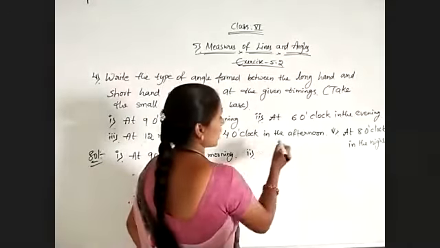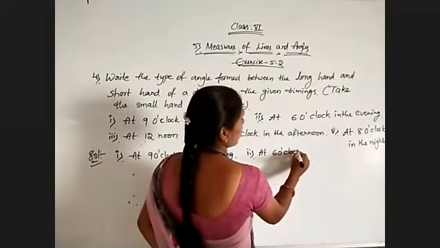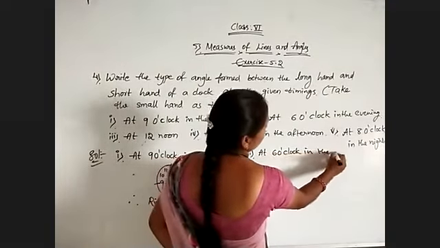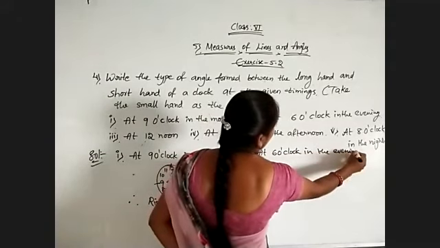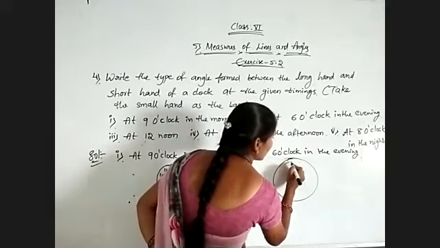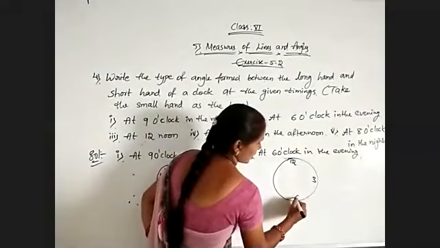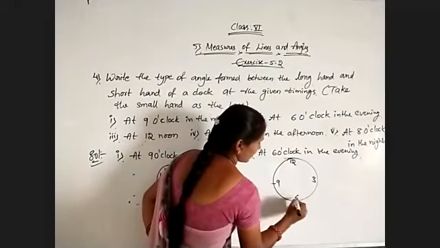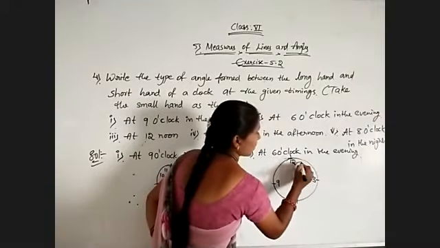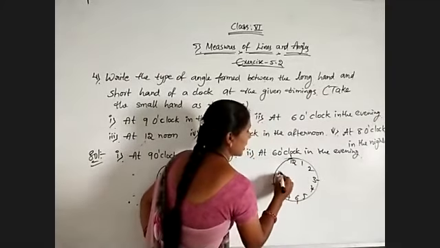Coming to the second question, at 6 o'clock in the evening. Try to draw the rough figure again. 12, here 3, 6, 9, 1, 2, 4, 5, 7, 8, 10, 11.